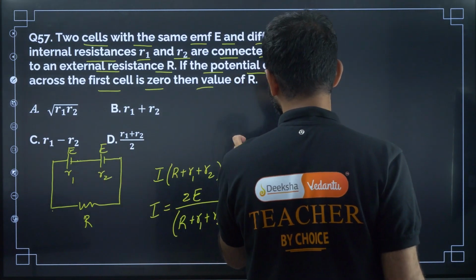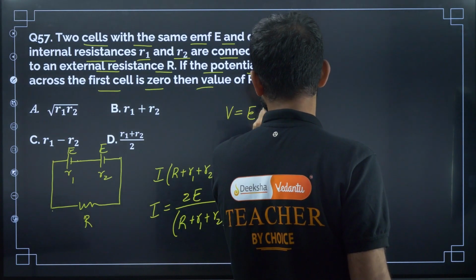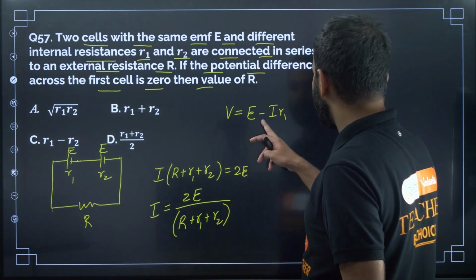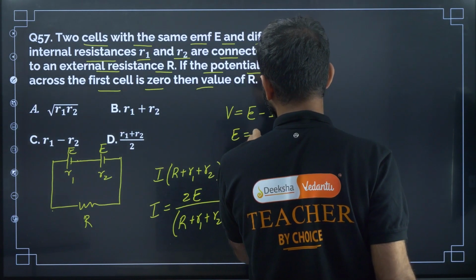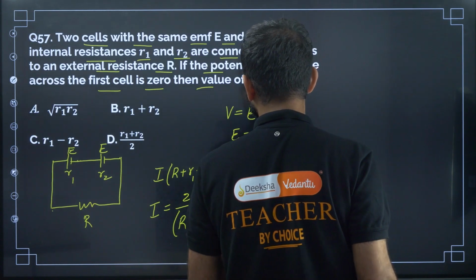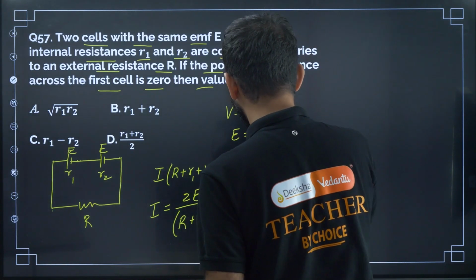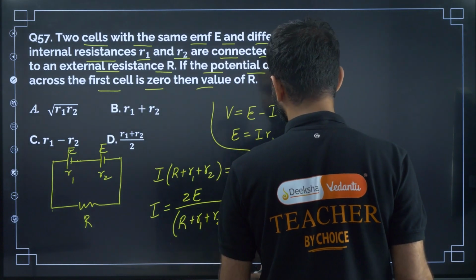So the potential difference across the first cell V is equal to E minus I into R1. V equal to 0, so E equal to I into R1. I is 2E divided by R plus R1 plus R2.